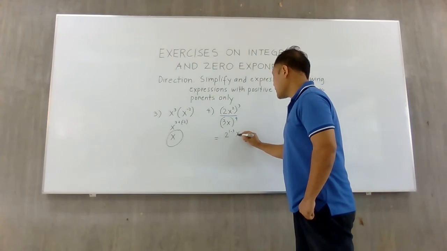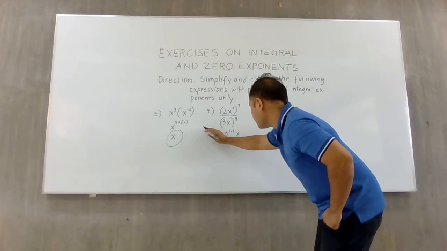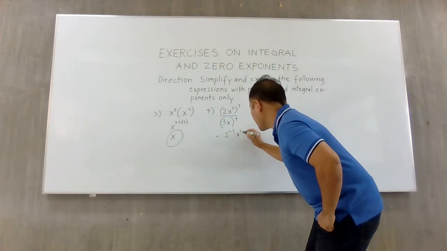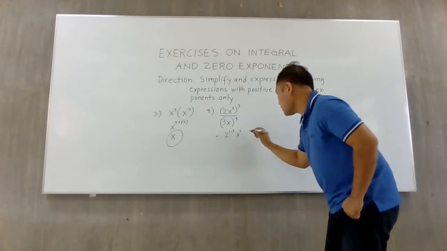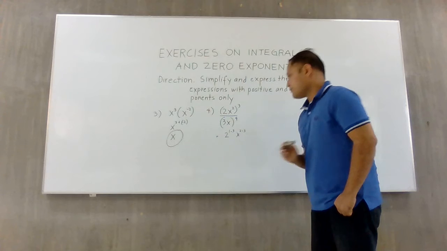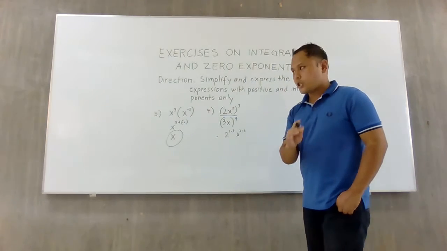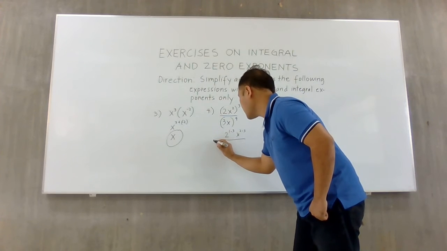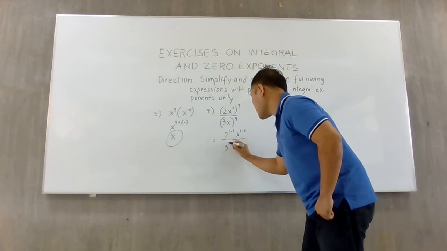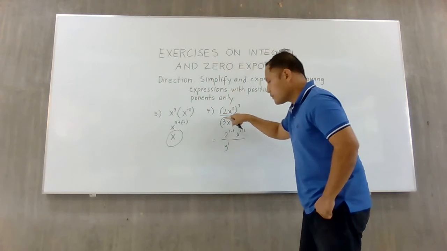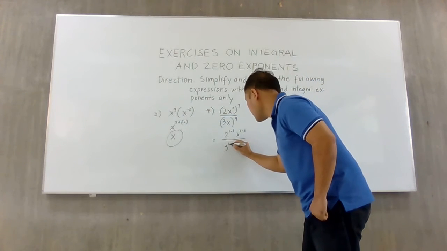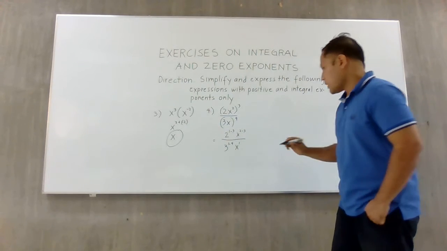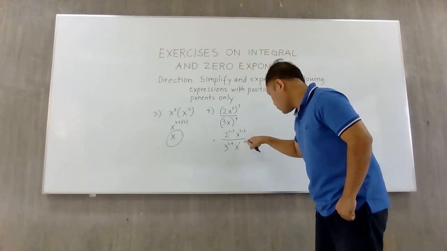Then x, the existing exponent of x is 2, and this existing exponent is being multiplied by 3. That's the distribution of the exponent. Same with the denominator: 3 has an exponent of 1 and it is multiplied by 4. And x is understood also to have one exponent, and 4 is being multiplied to this exponent.